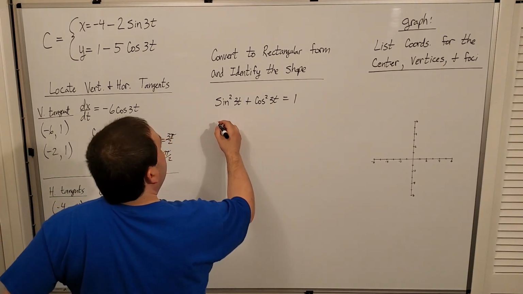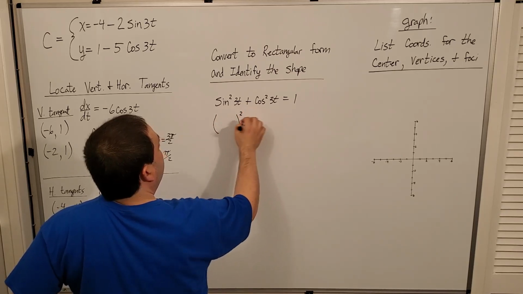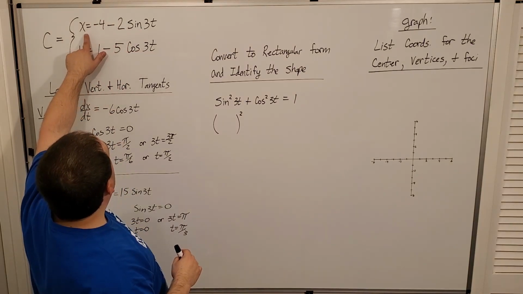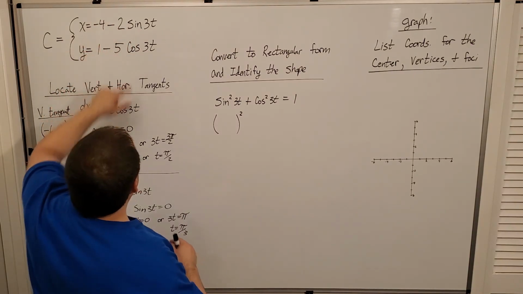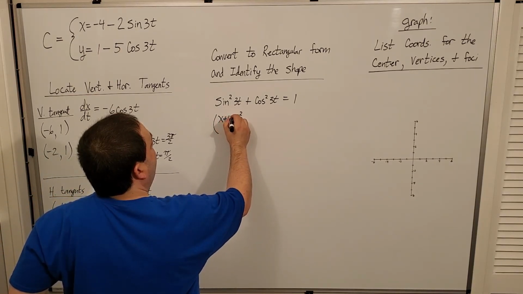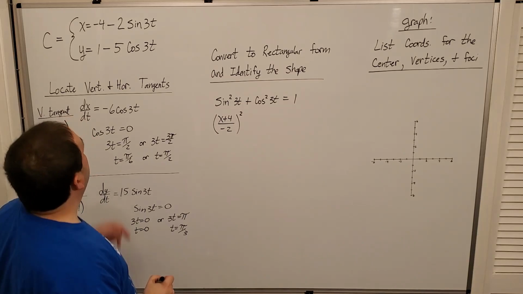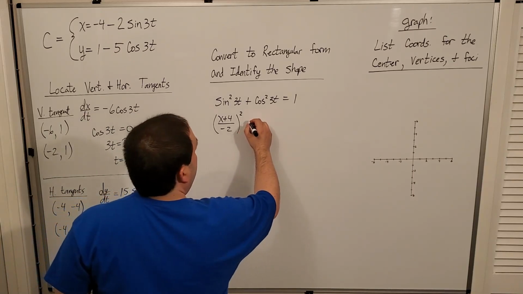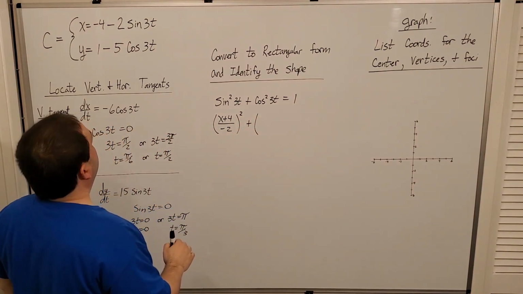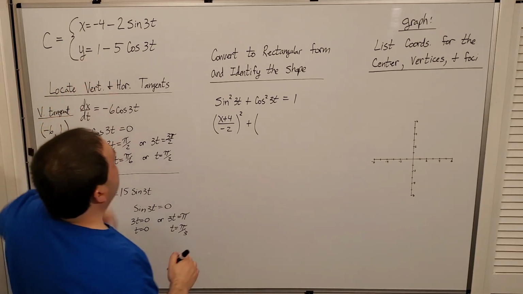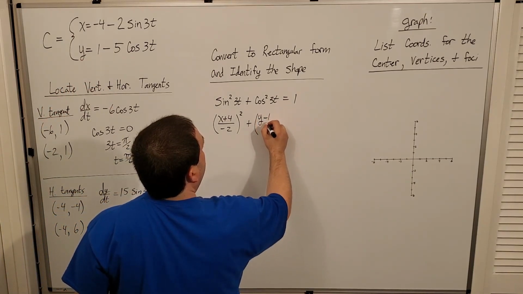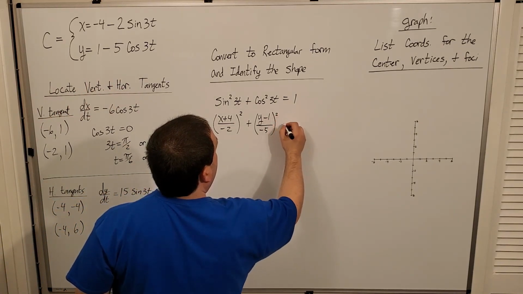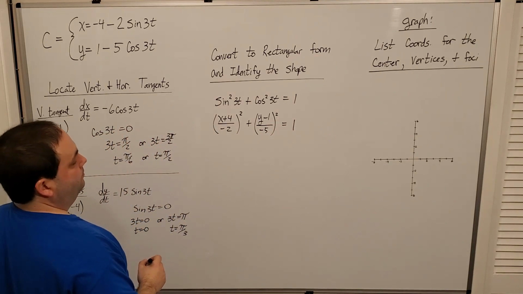Okay, so this means that if I solve for sine 3t, that's going to be x plus 4 divided by negative 2, because I would add the 4 and divide by the negative 2 to get my sine 3t, all squared, plus cosine 3t, which is going to be y minus 1 divided by negative 5, squared, like so.